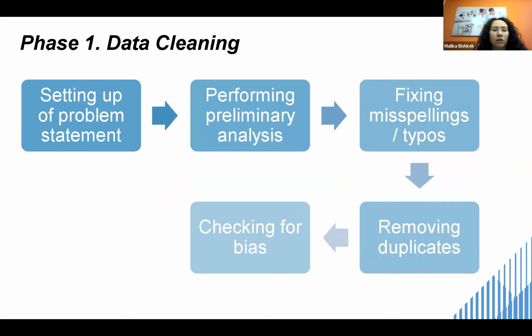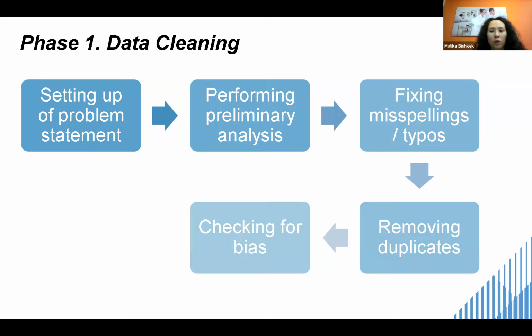And here are some phases in data cleaning. The first phase is setting up a problem statement. It means that we define what specific issues with the data need to be resolved to make it usable for analysis.